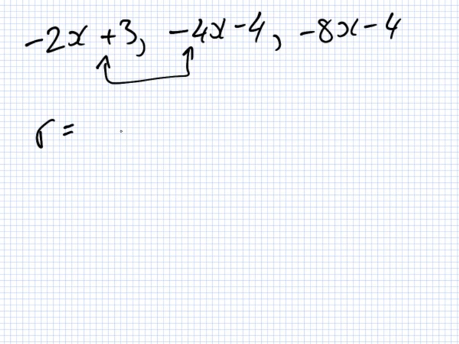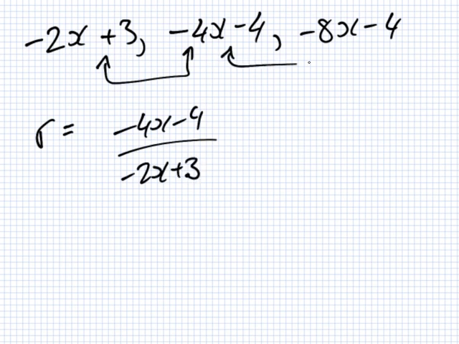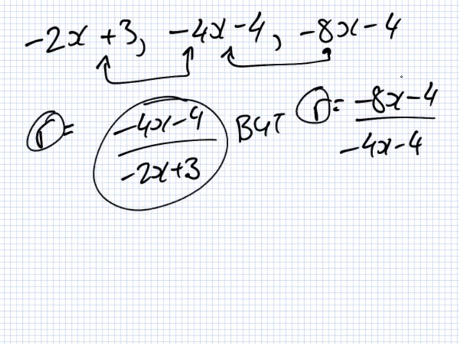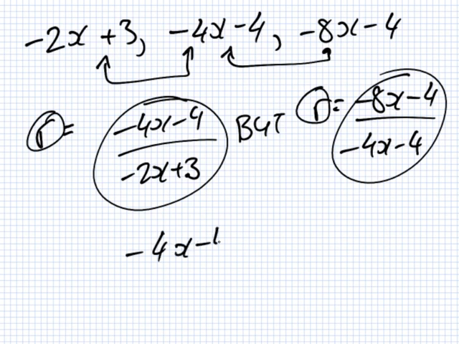Minus 4x minus 4 over minus 4x. Yeah. If this is an or and this is an or, then this should be the same as this then. Over that should be the same as this.